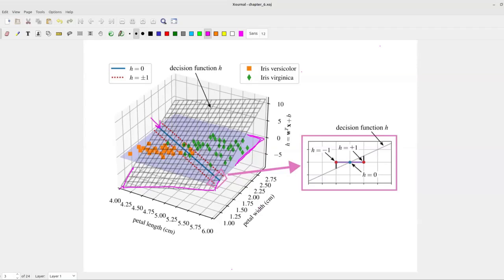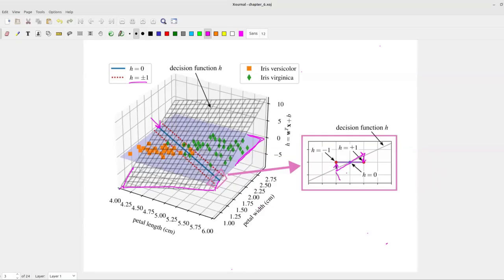Now I can set the width of the street by adjusting H plus or minus 0, and that will literally mean I come out to H1 on my decision boundary, and then I drop down, right?